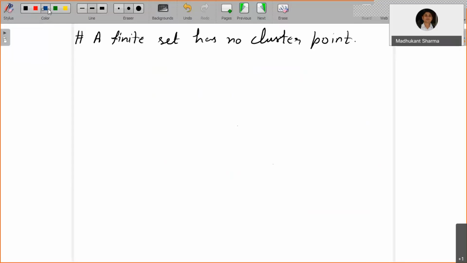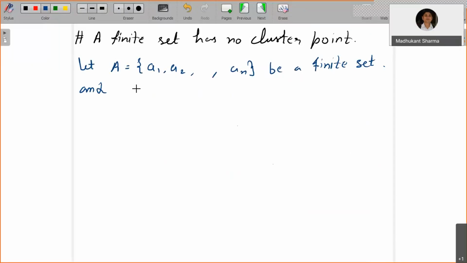Let A equal {a1, a2, and so on, an} be a finite set, where a1 is less than a2, less than, and so on, less than an.